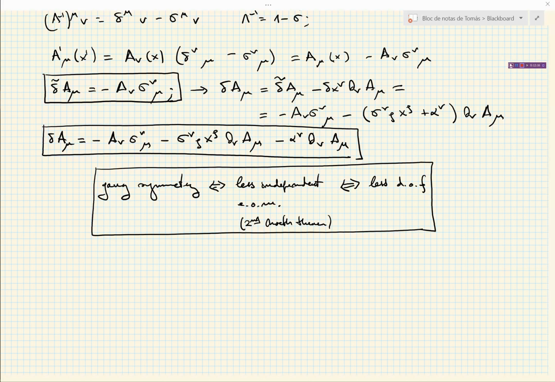We know that if we describe the electromagnetic field through the field strength, which is defined in this way, so using this notation of symmetrizers and antisymmetrizers that we presented in one of the videos, this is just, okay, let me write it more clearly. This is just this expression.